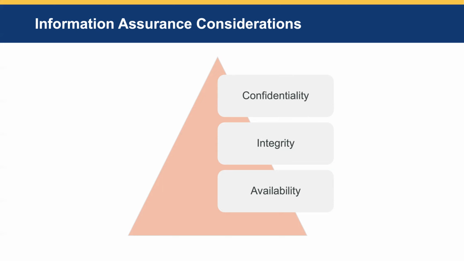We want to ensure that we have a handle on how information is being accessed. We want to ensure that we have appropriate systems in place that can detect and thwart attempts for unauthorized activities. And we also want to ensure we have a level of uptime for all of our systems.